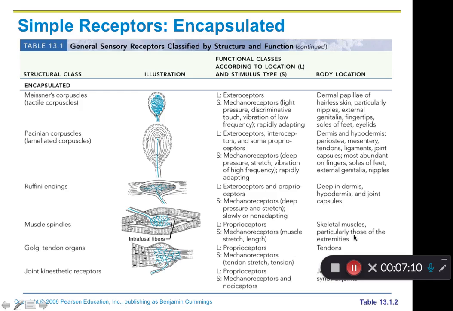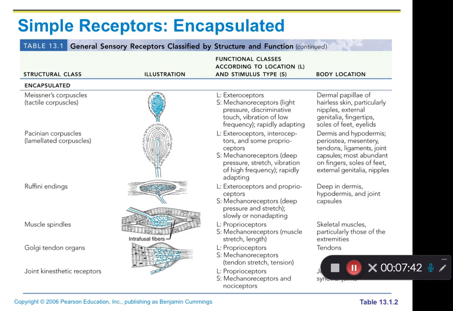Yes, we can find these receptors in the dermal papillae of the hairless skin, especially in the nipple, external genitalia, fingertips, soles of the feet, and eyelids. This receptor detects mechanical stimulus, so it is a mechanoreceptor.